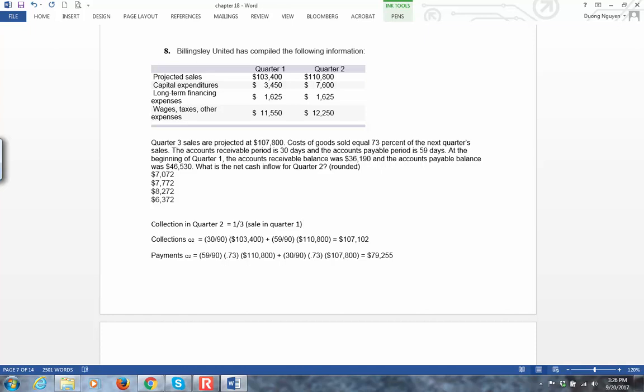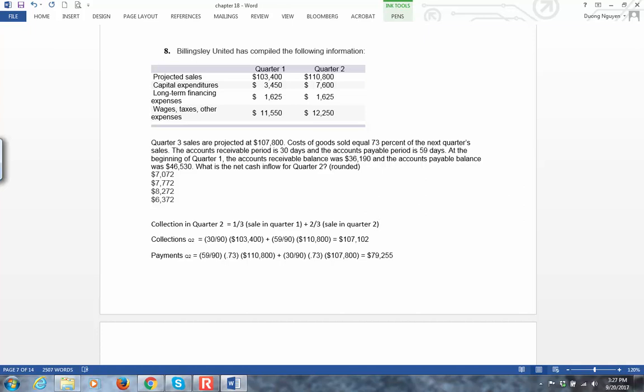In quarter 1 the company collected 2/3, so the 1/3 left will be collected in quarter 2, plus 2/3 of the sales in quarter 2.